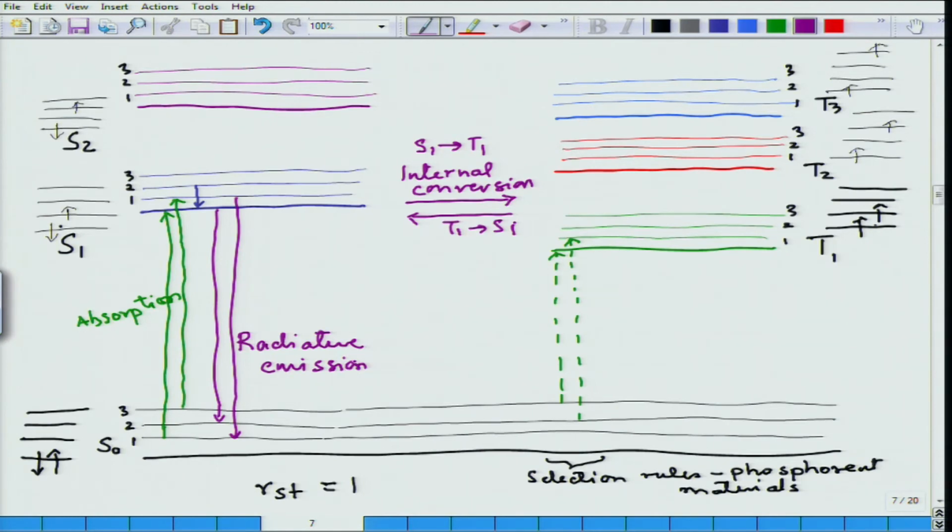There is also possibility that it does come down, but it does not have radiative emission, and it can also have non-radiative emission.